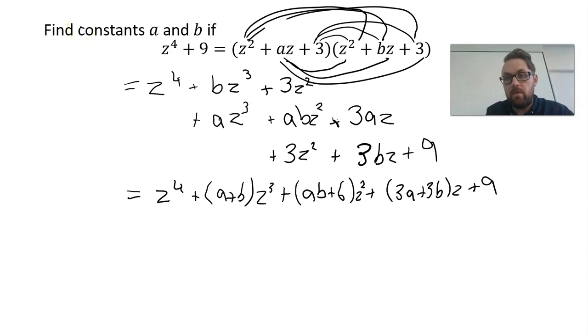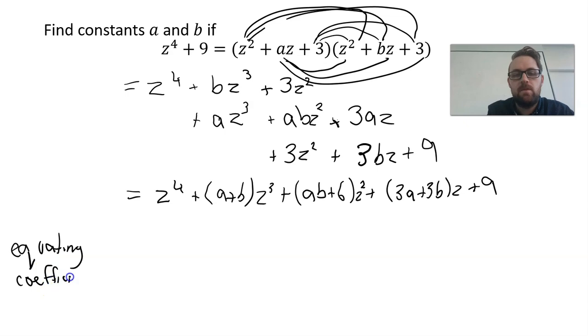Now what we've got to do is equate coefficients. When we started, we knew we had z to the power of 4 plus 9, and that is supposed to be equal to this side.